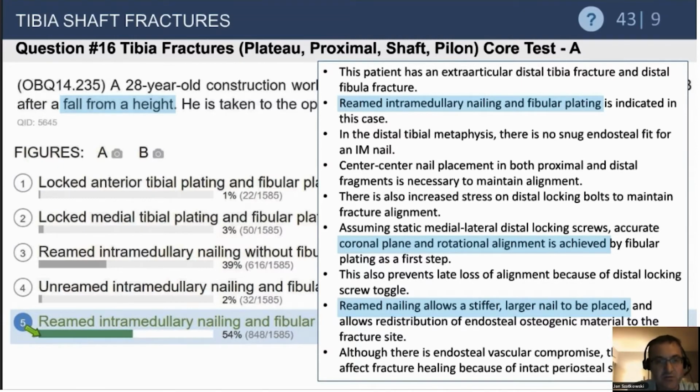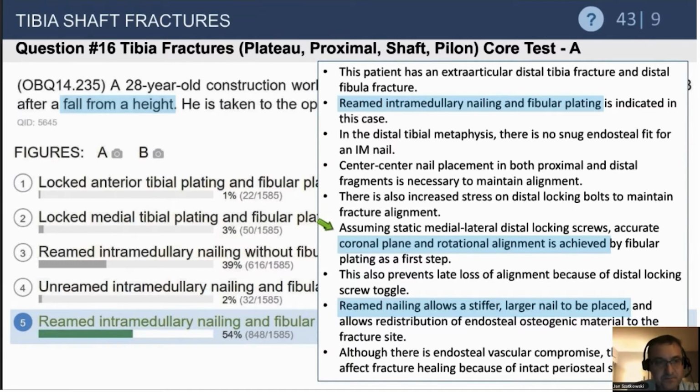However, a lot of times the fibula does not need to be fixed here, and so this is kind of a little bit controversial, based a lot of times on surgeon preference. But the plating of the fibula can definitely help you with rotation, length, and alignment for sure for these fracture patterns, which can be difficult. A common complication of a distal third tibia fracture is going to be malrotation.